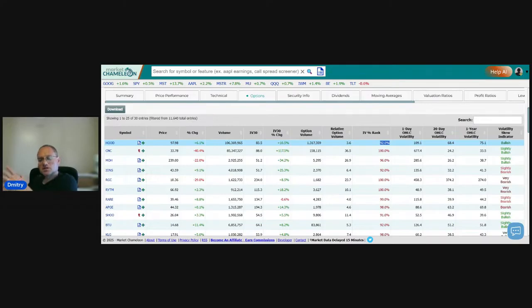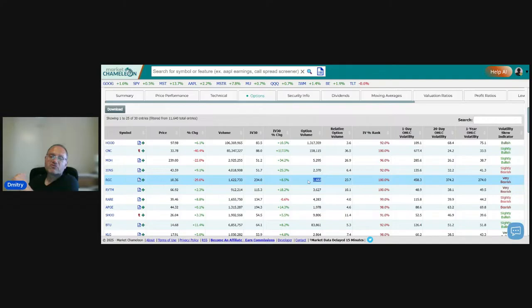If we wanted a minimal volume, because for example here, RGC, the option volume is 23 times its average, but it only traded 1,600 contracts.